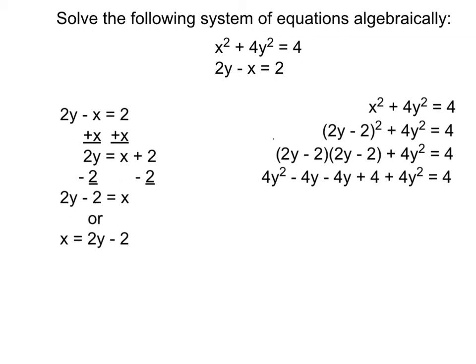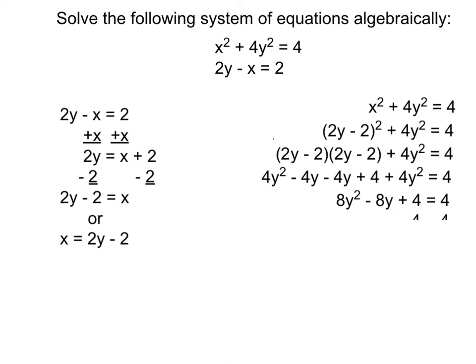And then you can just bring down the 4y squared and the equals 4. Okay, from this point we're going to combine our like terms. So we can combine the 4y squared with this 4y squared to give us 8y squared. We can combine the negative 4y and the negative 4y to give us negative 8y. And you can bring down the positive 4 and the equals 4.